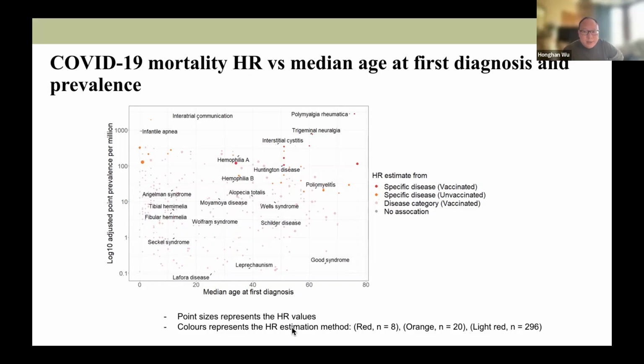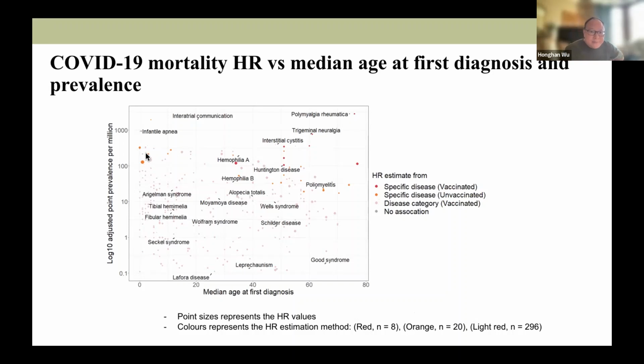Different colors mean different things. Red means high risk. The hazard ratio is estimated based on vaccinated disease patients, and the orange one stands for unvaccinated patients, and light red stands for those disease categories. And the size of the dots basically shows the hazard ratio, the actual value.